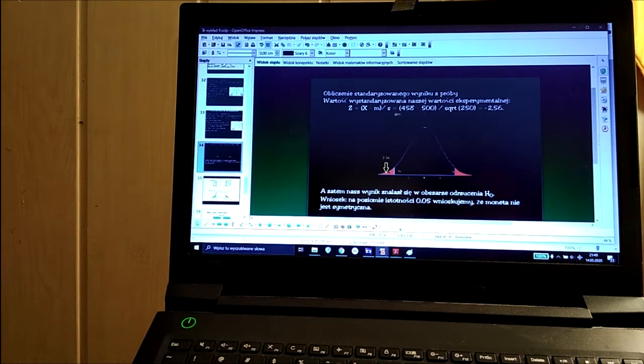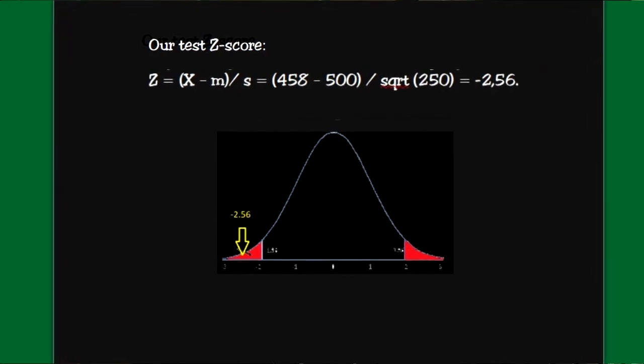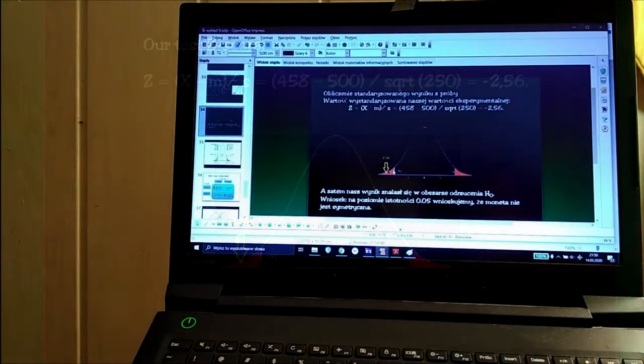If you remember our example, we found the z-score of our results, and the z-score occurred to be very, very low, and it fell into the critical region, which for alpha equals 0.05 started at 1.96 and below minus 1.96. Anyway, the result we obtained was in the critical region.